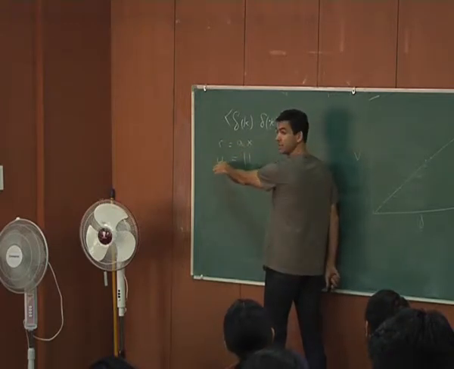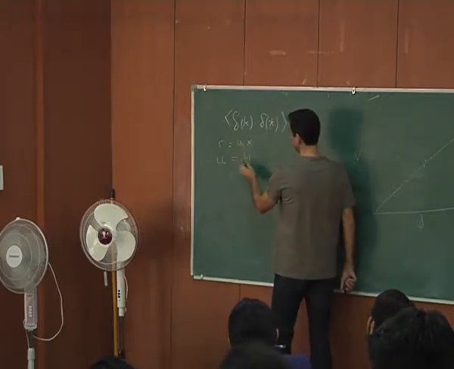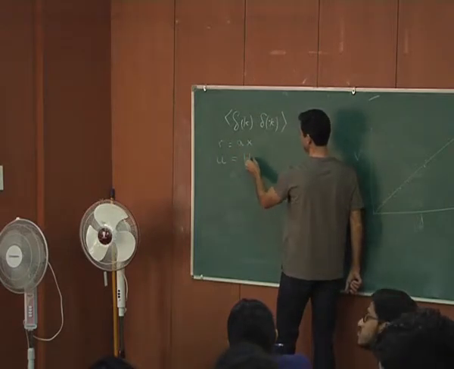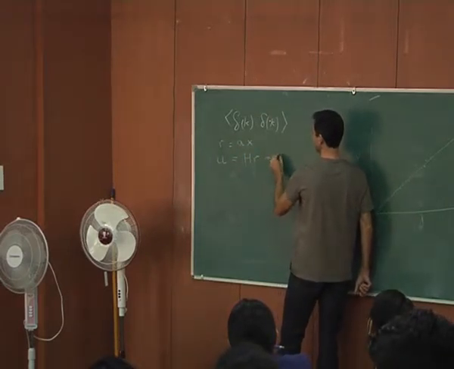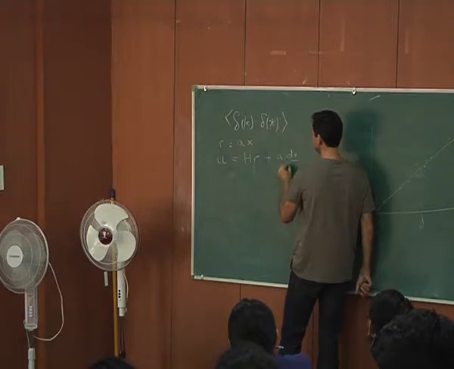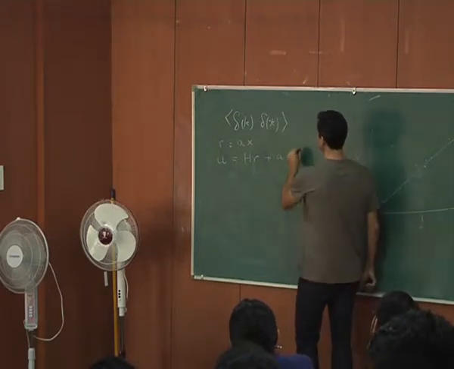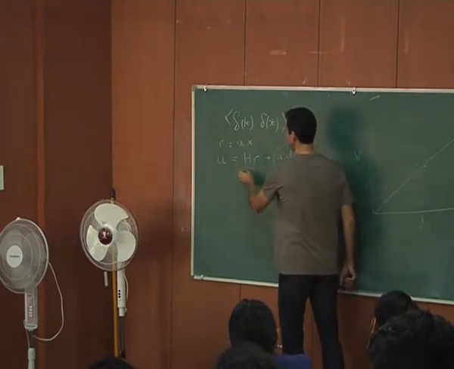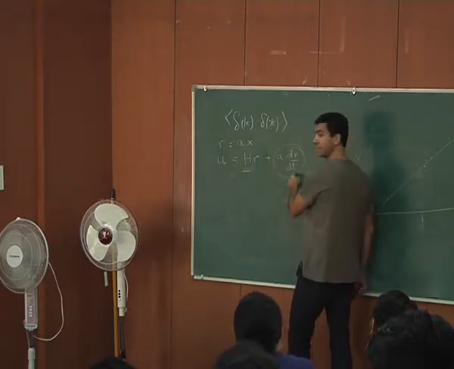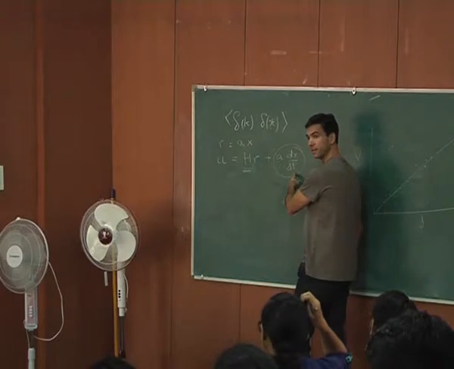Then he took a derivative of r. That one was u. This one was H times r plus a dx/dt. Okay? So this is the Hubble law. These are the speeds. Okay?